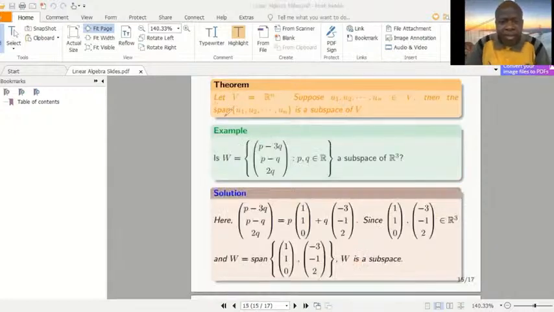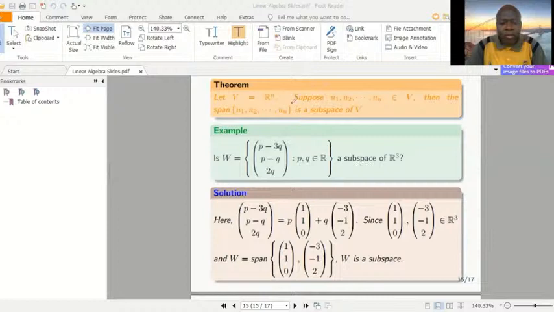The theorem says that let V be a vector space, and let U1, U2 up to UN be vectors in V. Then the span of U1, U2 all the way up to UN is a subspace of V. So this is the theorem, and so it means we can show that this vector here is a subspace by using this theorem.